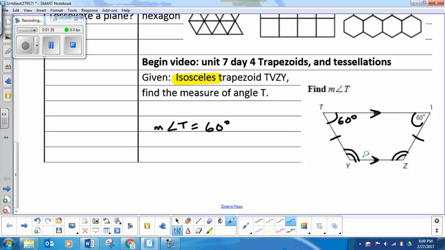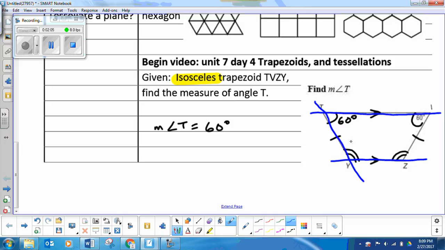Now, they didn't ask us about Y and Z, but let's just do a quick look. Let's take a look at our parallel lines. Remember, these two lines are parallel, and back in the days of just learning about parallel lines, we see a scenario that kind of looks like this. Our parallel lines are cut by this transversal, and the value of this angle is 60. We know they're not congruent, but look at them.